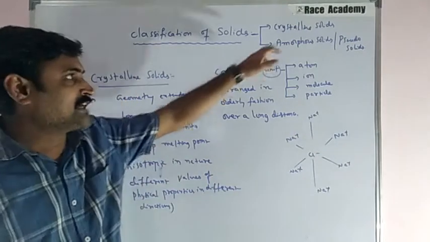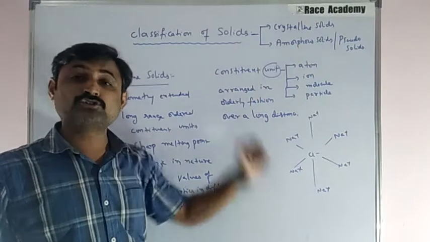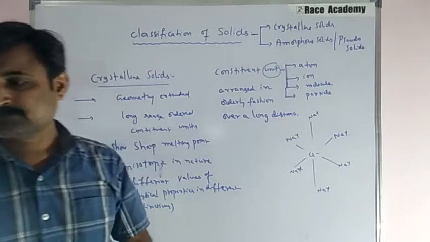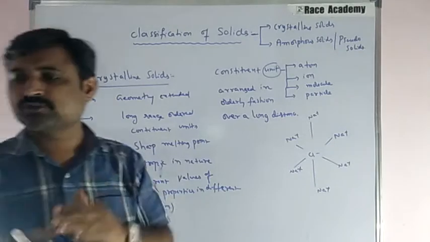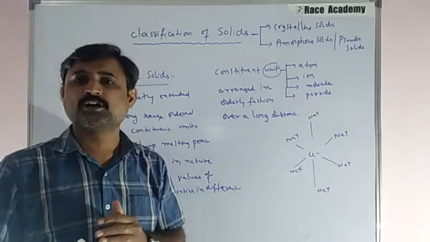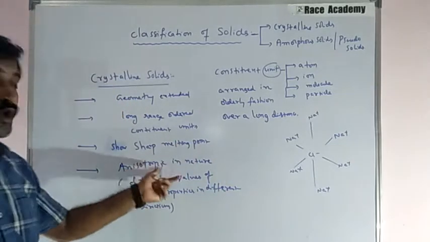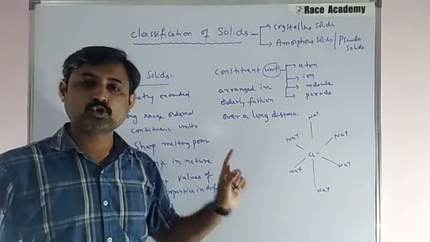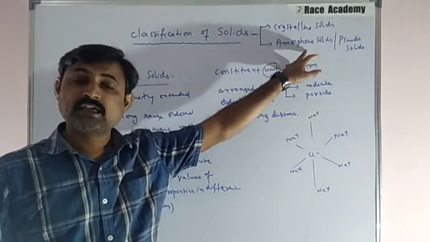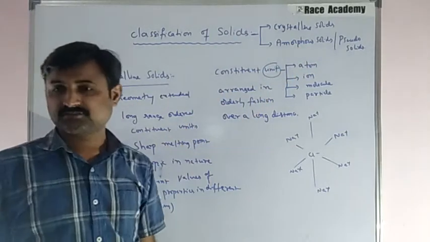Whereas in amorphous solids, these values are noticed in a similar manner. That means they have similar values of the physical properties in all directions. That is known as isotropic nature. So isotropic nature is exhibited by amorphous solids, and anisotropic nature is exhibited by crystalline solids.